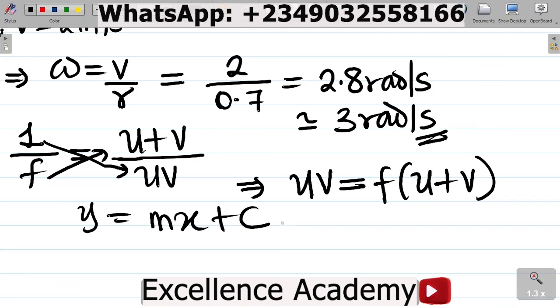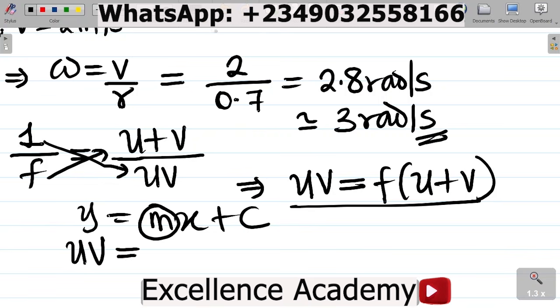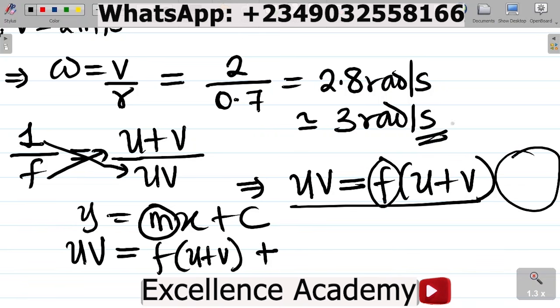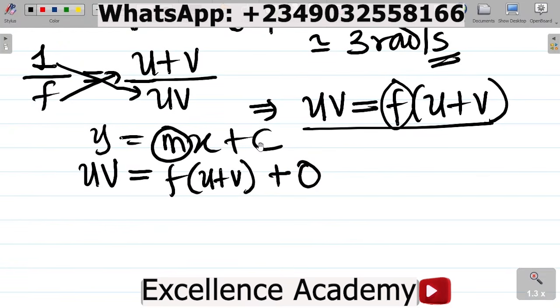If I relate this to the equation here, y is UV, and m becomes F. That's F into the x-axis, which becomes U plus V, plus, now observe there's nothing here. So that means the c becomes 0. We said c simply represents the intercept on the y-axis, so if it's 0, that means it passes through the origin. In essence, I'll plot a graph this way.